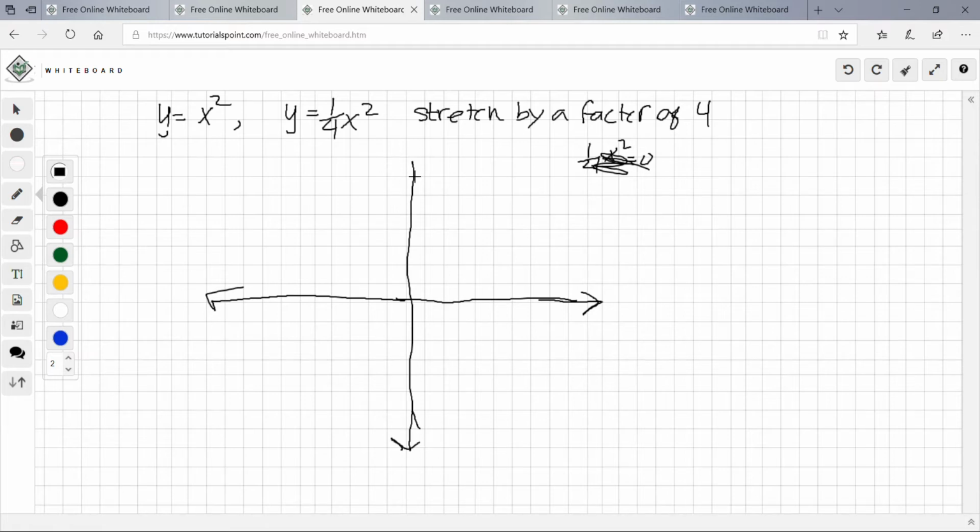For the second one, we might have to use a chart to give more specific points. So this is your typical y equals x squared, and since it's being stretched, y equals 1/4 x squared is going to look something like this, roughly.